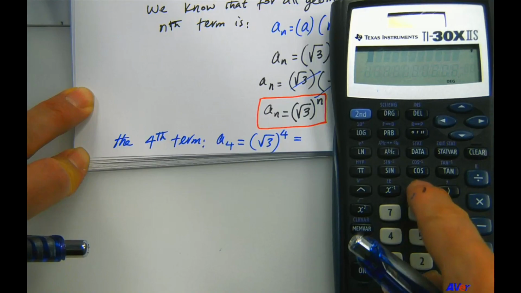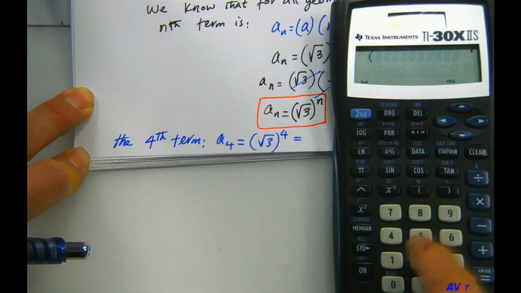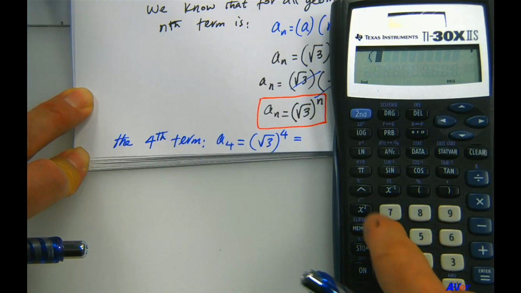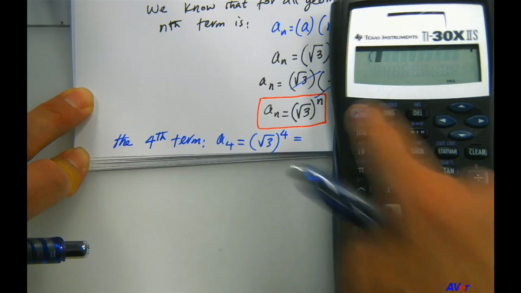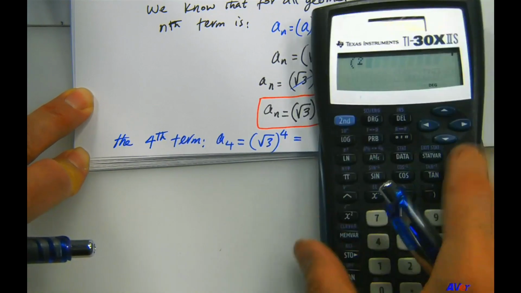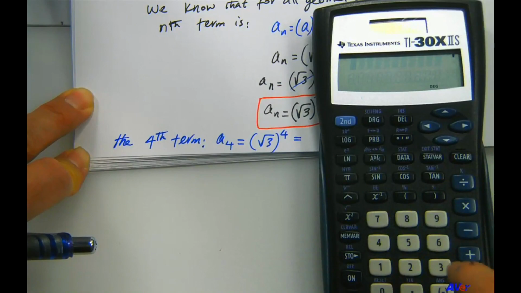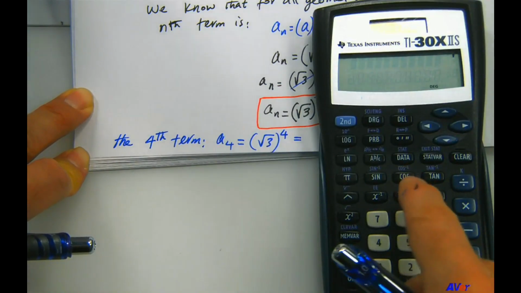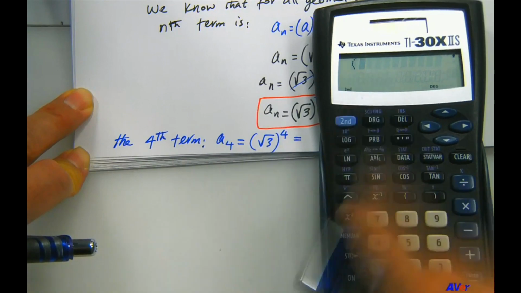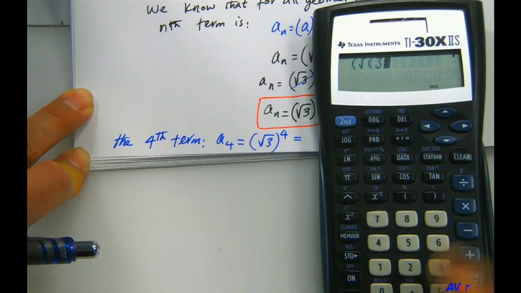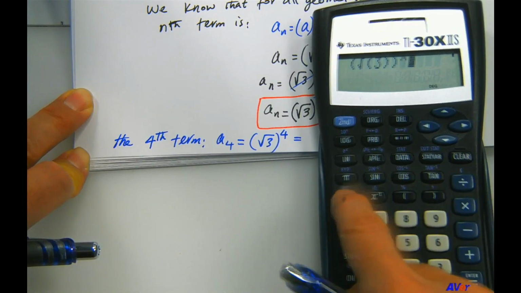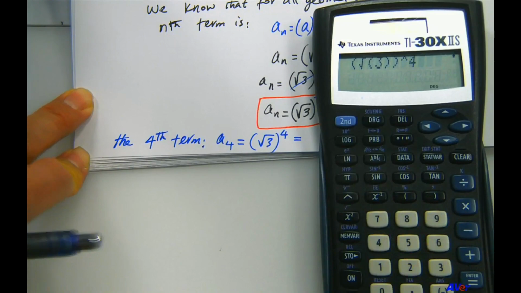So I'm going to open the parentheses, then take the square root of 3, close parentheses, and raise that to the 4th power.